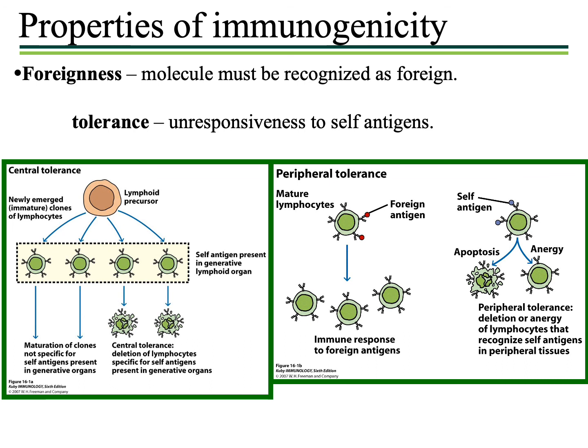The first concept I want to focus on is what's referred to as foreignness. Foreignness just refers to a molecule that must be recognized as foreign. So the more unlike the self a molecule is, the more immunogenic it will tend to be. Antigens from more closely related organisms or species tend to be less immunogenic compared to antigens from very distantly related species.